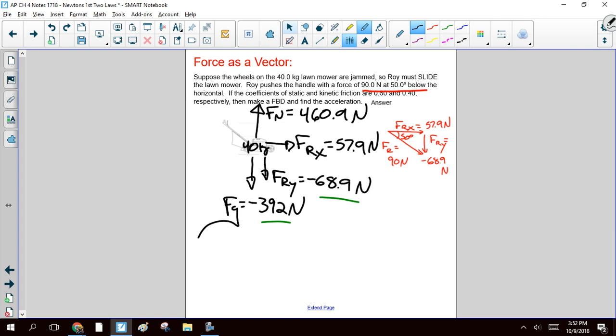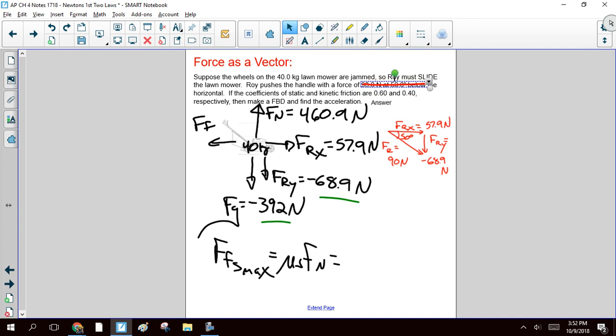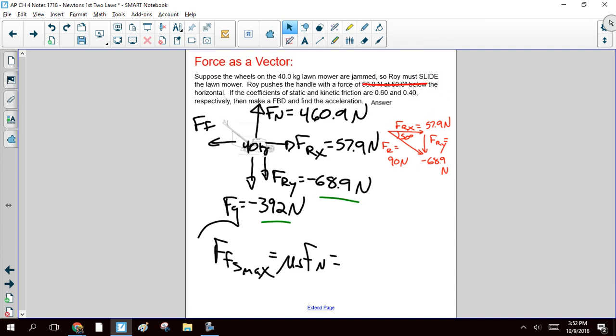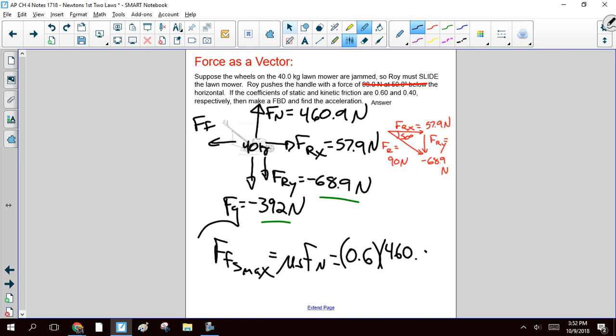All right, and then there's friction of some sort. So let's take a quick second and figure out what kind. Our force of static friction max, remember static friction is going to try to prevent the motion. So that's the coefficient of static friction times our normal force. The coefficient of friction is 0.6. Our normal force is 460.9.